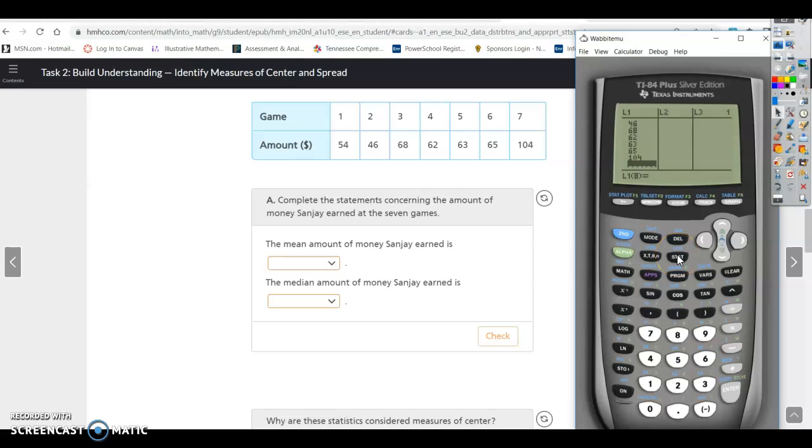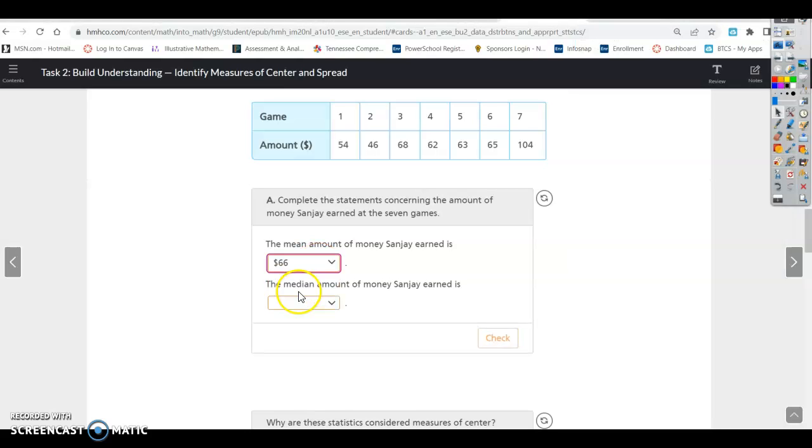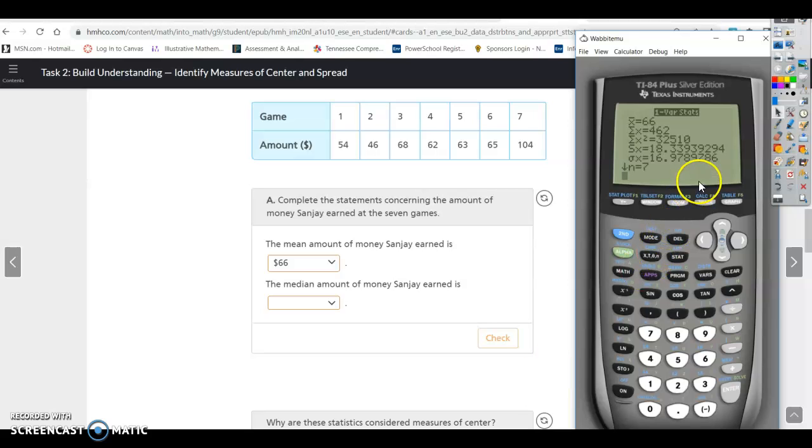Make sure they are correct. And then go back to Stat, go over to Calc, and number 1 says 1-Var Stats. If you click that, it's going to give you a whole bunch of information. So remember where I said your average is x with the bar over it? The mean is your average, so that's 66. Now the median, if you scroll down here, you can see that here's your standard deviation.